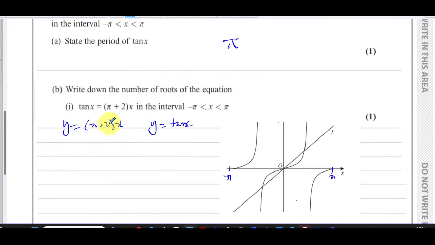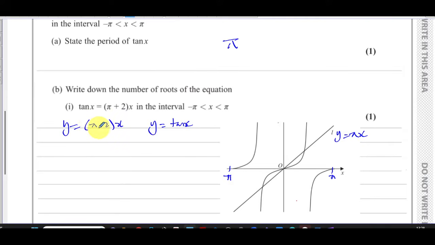Now, what is y equals pi plus 2 times x? That looks a bit weird. Well, pi is just a number, and 2 is just a number. We know that y equals pi x is like y equals 3.142 times x. The equation of this line is basically y equals 5.142x, because it's just a number.